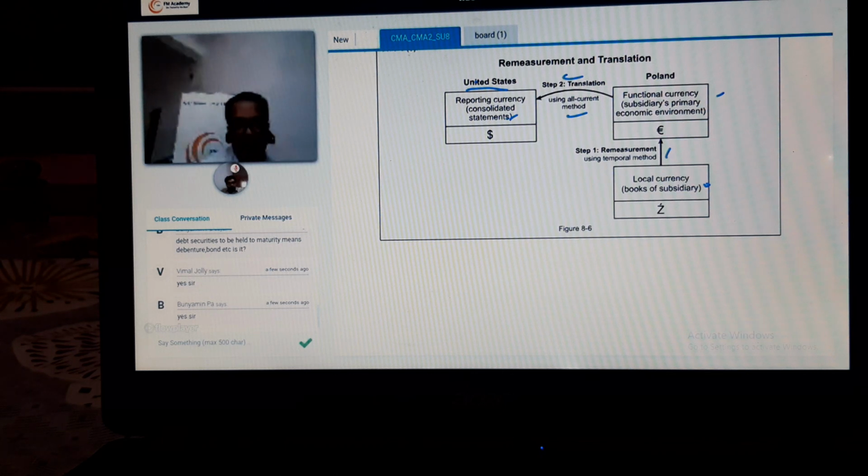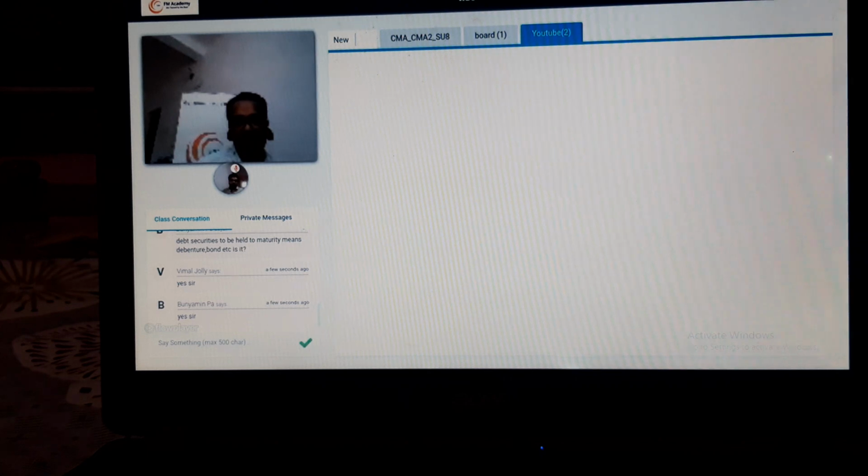They are not studied ACA, 16 papers. They are not done ACCA, again some 13 papers. Some of them you will find even CPA, just 4 exams. Look at the value of the US qualifications.